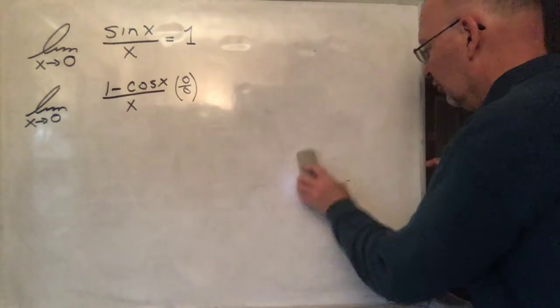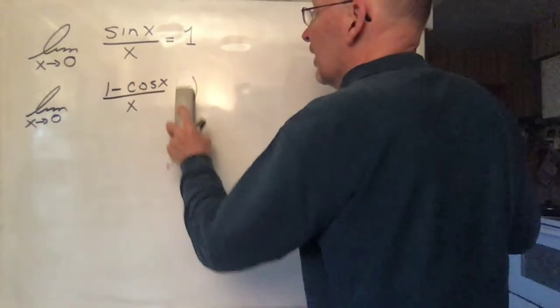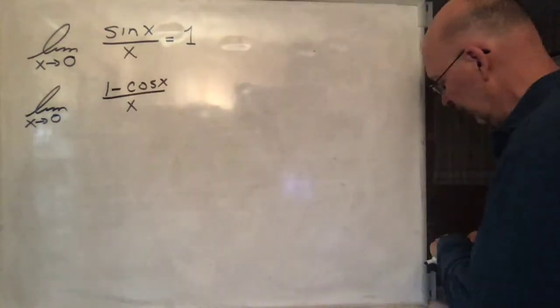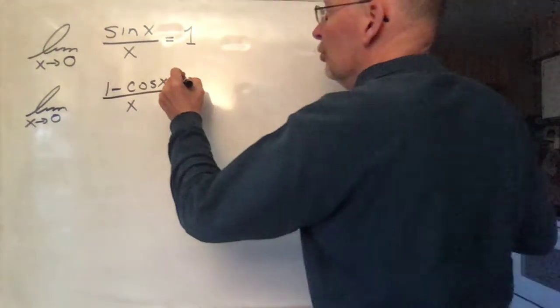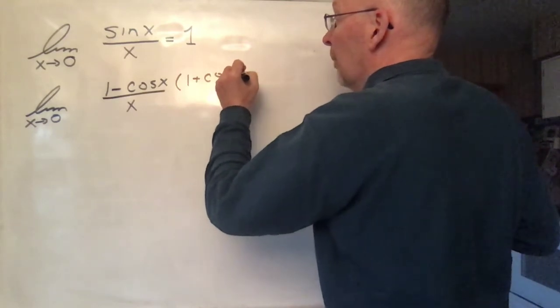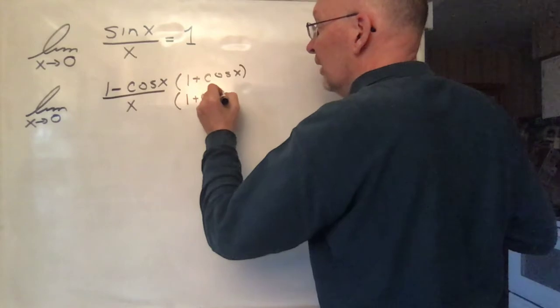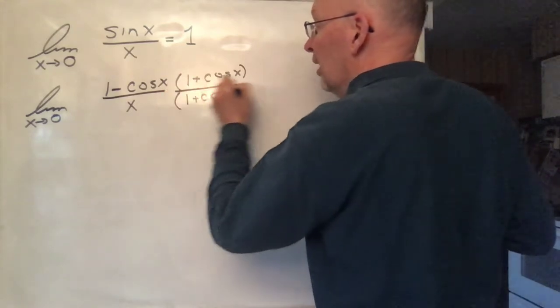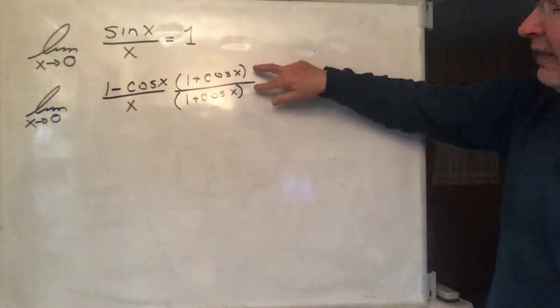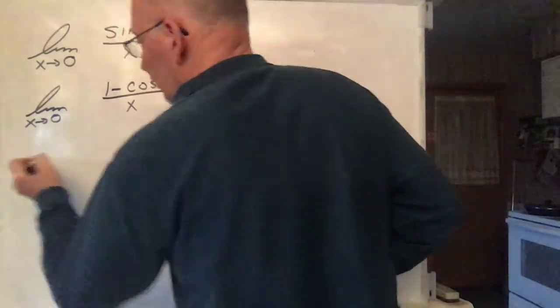And I'm going to use the same trick that I taught you last time because it's kind of clever. Remember what the word conjugate means? It means that you multiply both the top and the bottom by the same thing, which is allowable. I haven't changed the function as long as you multiply both the top and the bottom by the same thing. That's just a fancy form of 1. So this limit is equal to the next one.